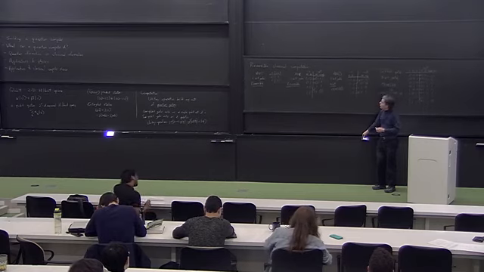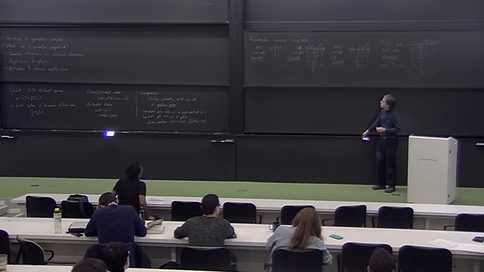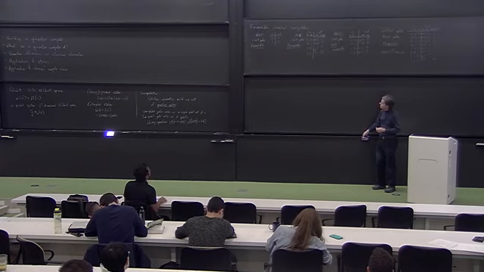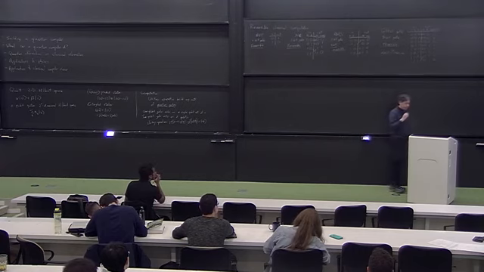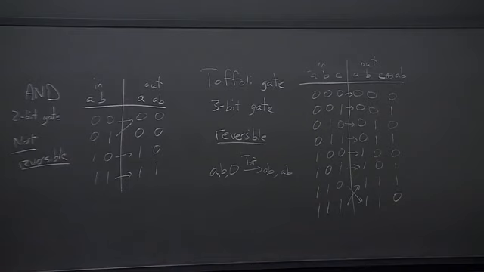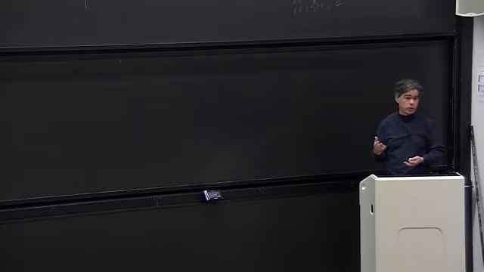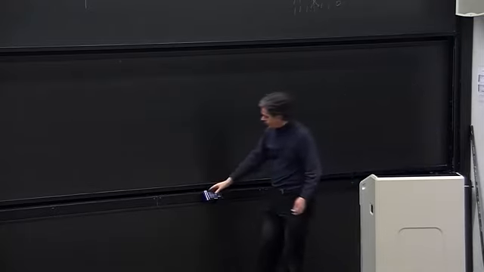OK. So of course, what we want to do in classical computation is not just a single 3-bit gate. We want to do some more complicated computation. And we do that by building up these gates into what's called a circuit. Oh, yeah, so I guess I'll need this back.